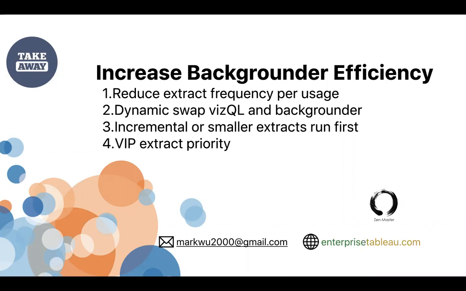It is more about letting business users, the publishers, know that if they design more efficient, smaller incremental extracts, their extracts will have less delay. And number 4 is how you will honor your VIP extracts. You may want to take this to another level by giving higher priority to all the smaller extracts.